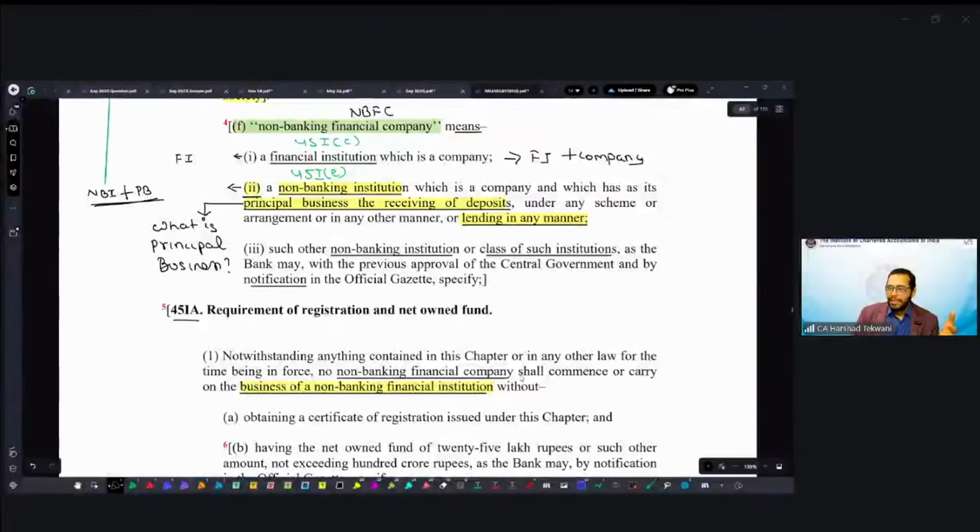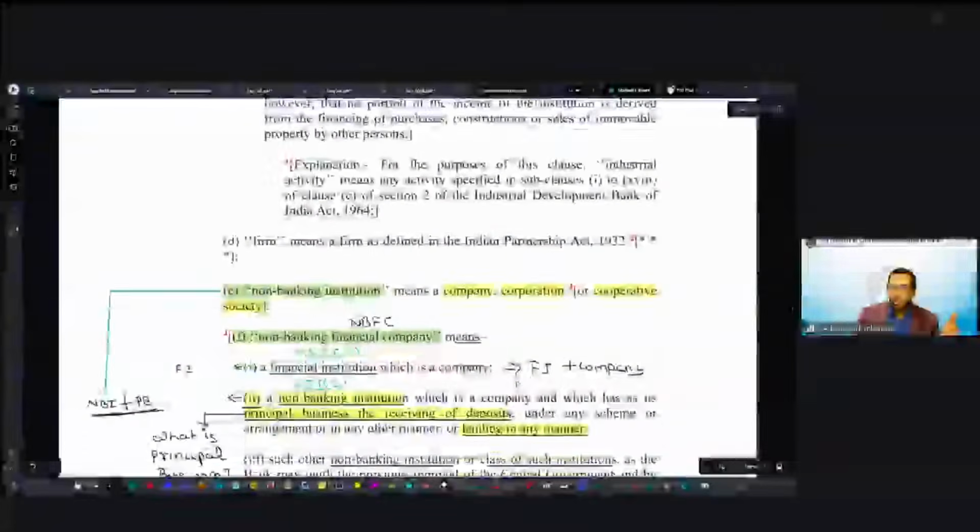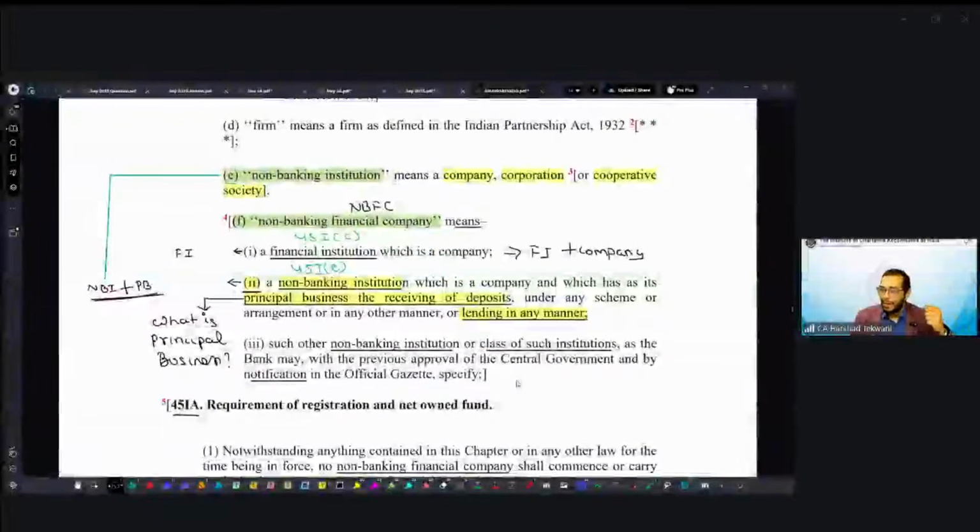Let's say a multi-state cooperative society which is into receiving deposits and lending in any manner. Just because they are into receiving deposits and lending in any manner, will I qualify them as an NBFC? Because NBFC can mean company, corporation, or cooperative society.